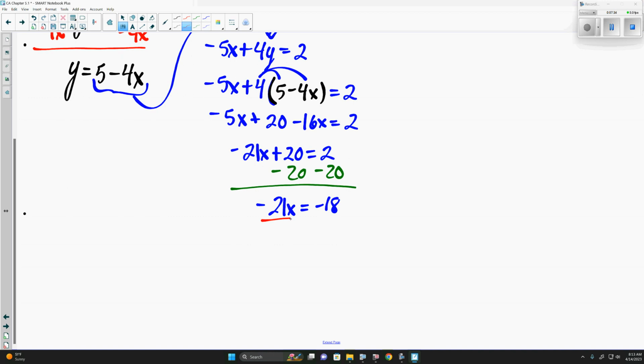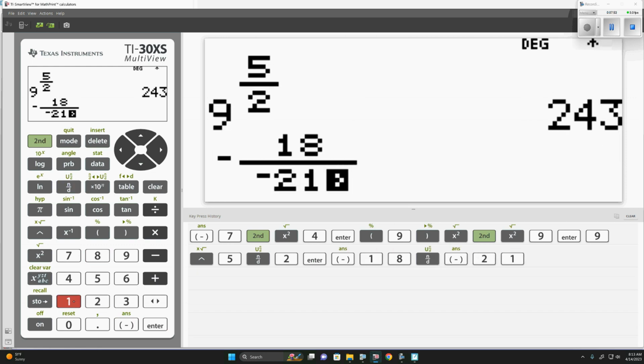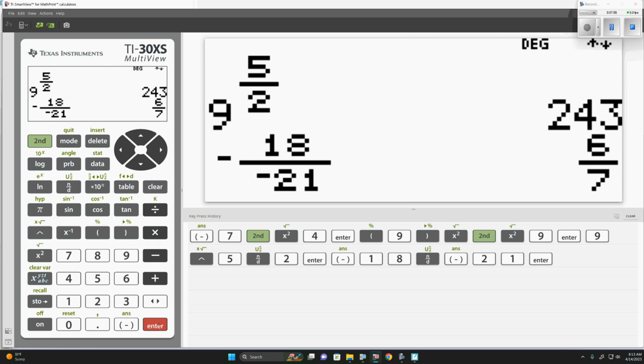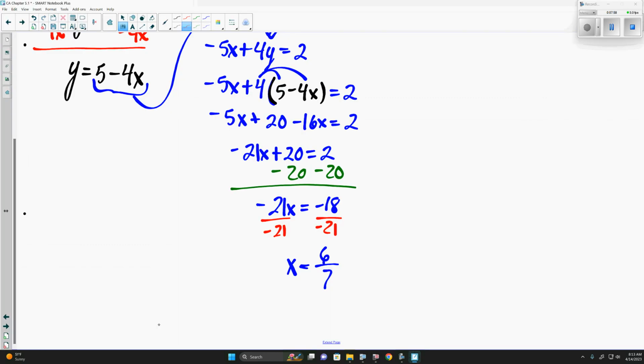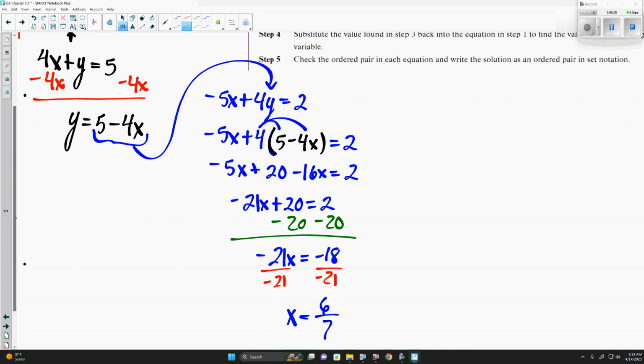Last but not least, we can divide both sides by negative 21, telling us x is equal to 6/7. Any questions on this so far?